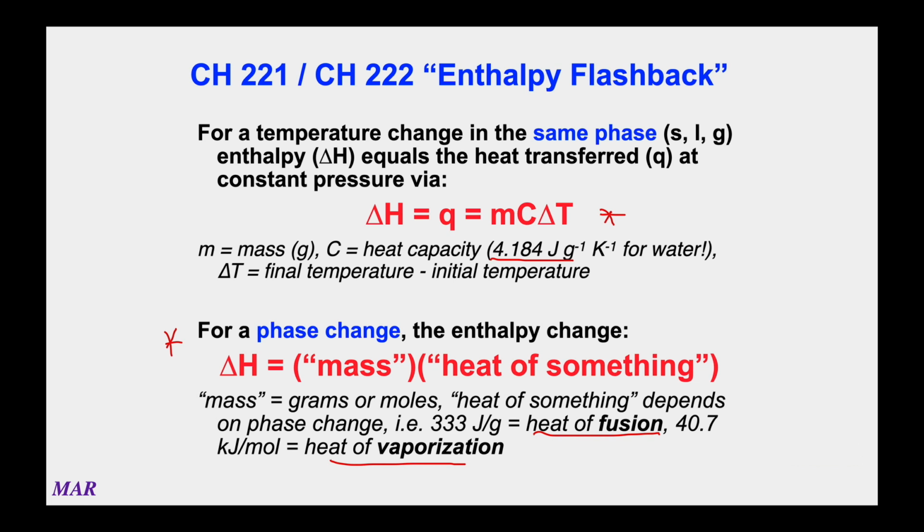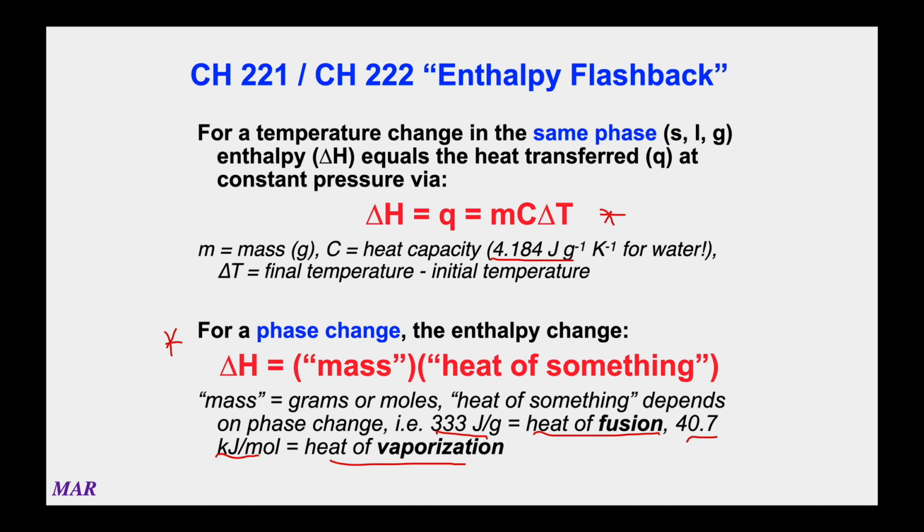And heats of vaporization, heats of fusion, et cetera, they come in different units. So 333 joules per gram, that's the heat of fusion, and 40.7 kilojoules per mole is the heat of vaporization. Those are things for water, by the way. But notice that one is joules per gram and the other one is kilojoules per mole.